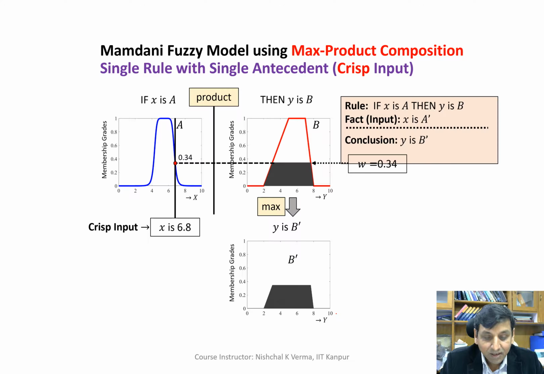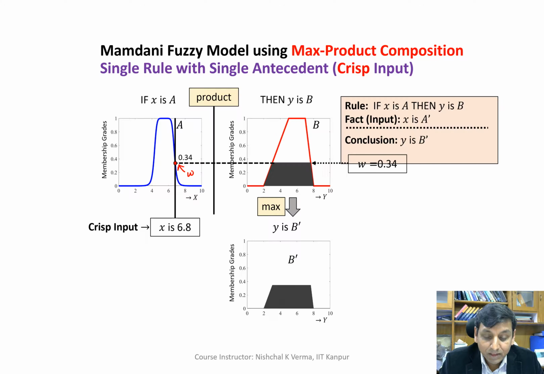Similarly, the max product composition for the same input is going to give us the same output, because the product is also the product of the W here, the weight. We have the single weight here.